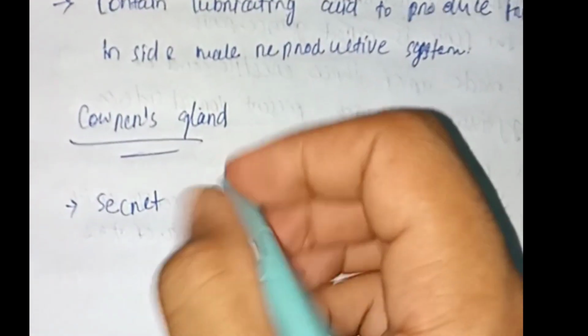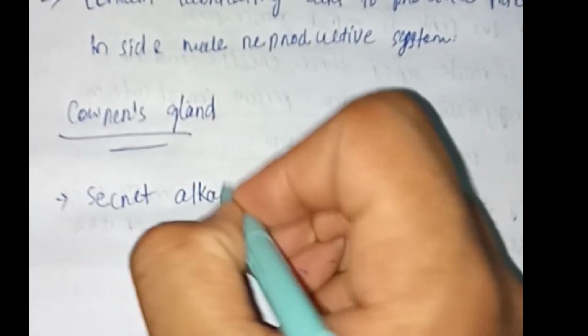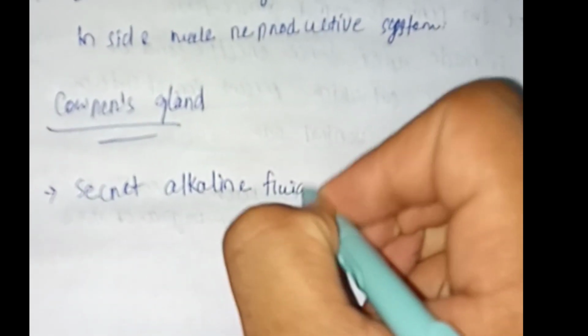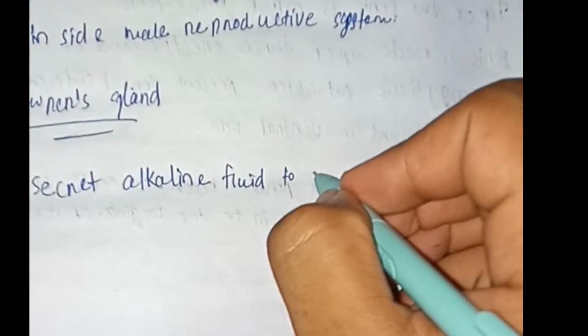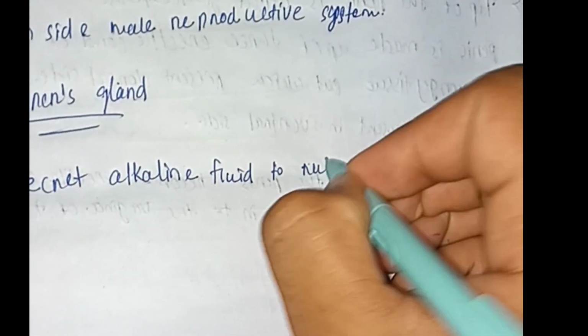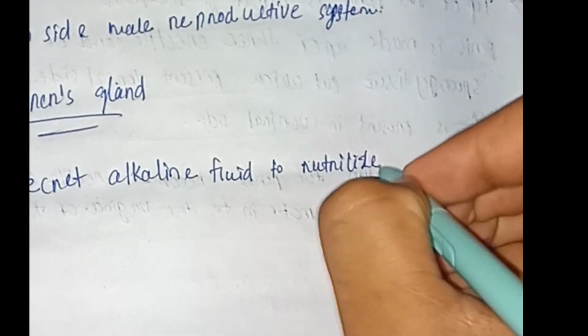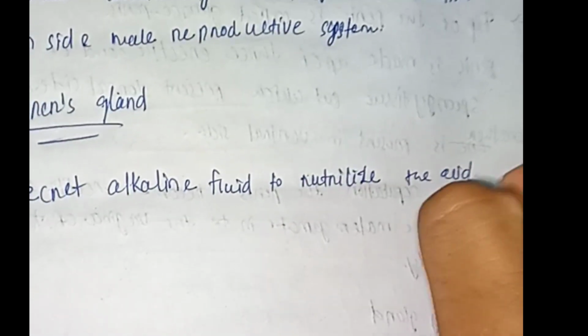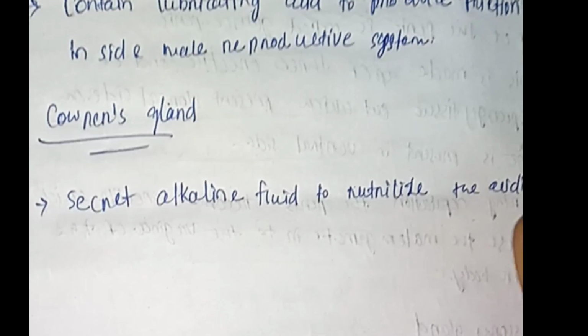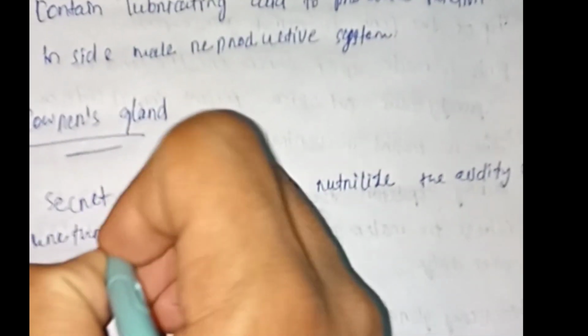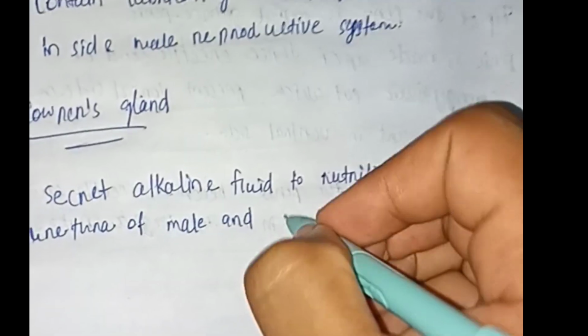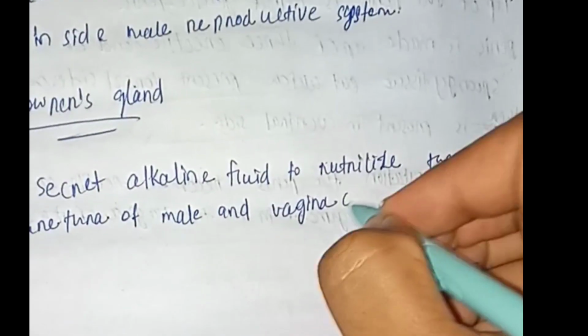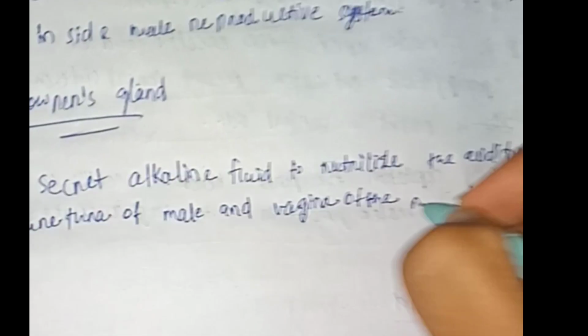Then there is the bulbourethral gland. It secretes an alkaline fluid to neutralize the acidity in the urethra of the male and the vagina of the female.